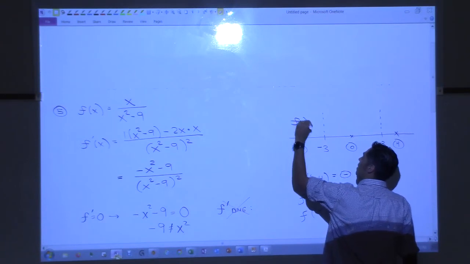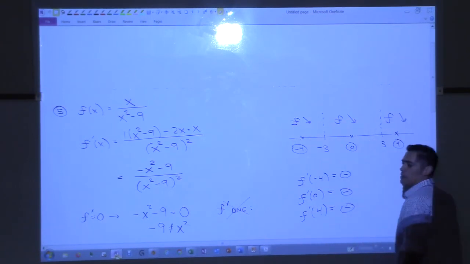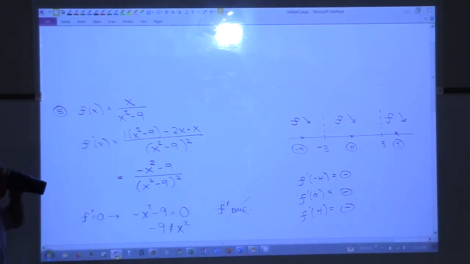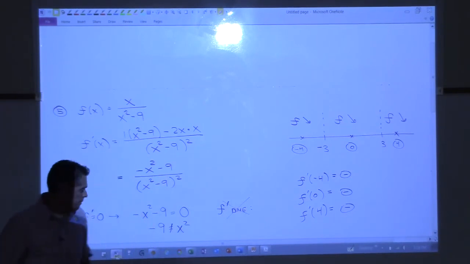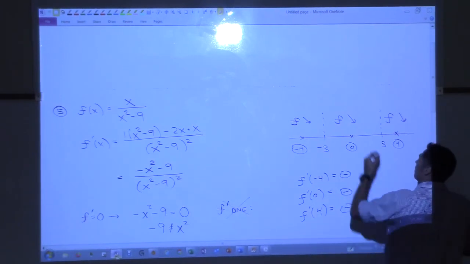Our function here is decreasing. Function here is decreasing. Function here is decreasing. Right? No local max, no local min. Now just as a check, what if this one went up?